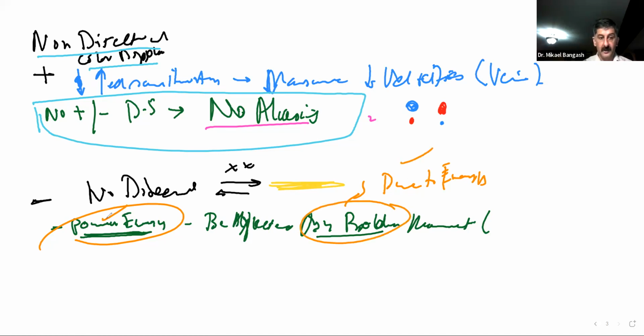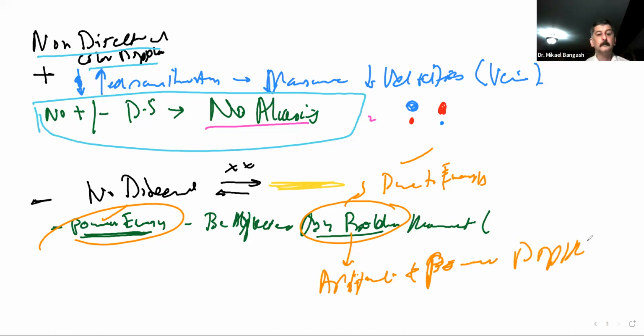It will not be able to detect whether the energy it records came from the blood flow or from body movement. So we can say this body movement may lead to an artifact of power Doppler, or we can say it may interfere with it.